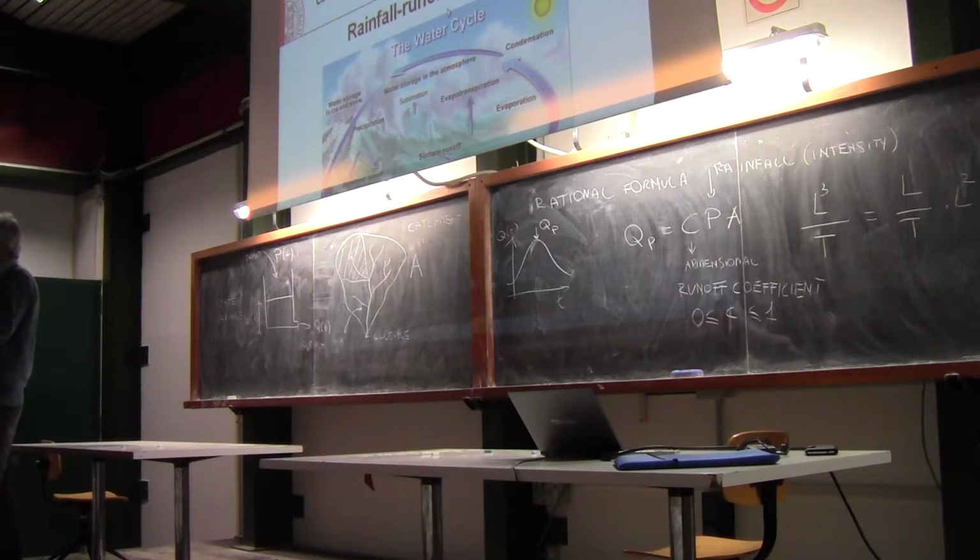Keep in mind that the duration of a rainfall event is related to rainfall intensity. This is something that is part of your background in hydrology. If you have a long rainfall, the intensity is low. Think of rain like this week, lasting for 1 week: it's not a rain like that where, if you get into the rain for 30 seconds, you are completely wet. It's a low intensity rain.